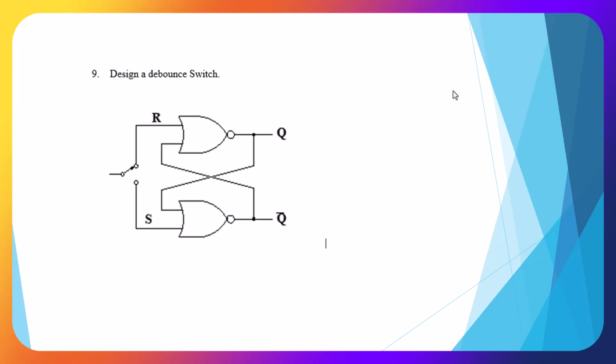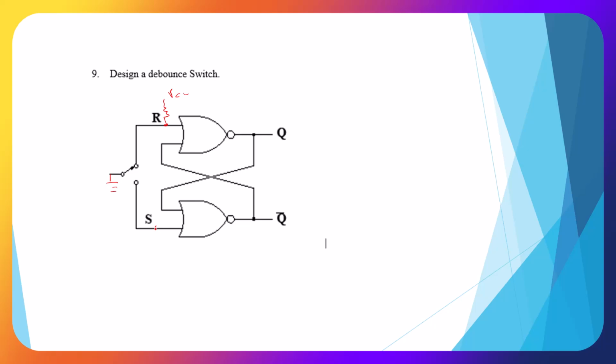Okay, we're going to build a debounce switch by adding some components to this SR latch built from NOR gates. So with a NOR gate, we are going to use a low on our input. So we're going to put a ground here. And in order to keep these things from flipping in between, we're going to put pull-up resistors high.